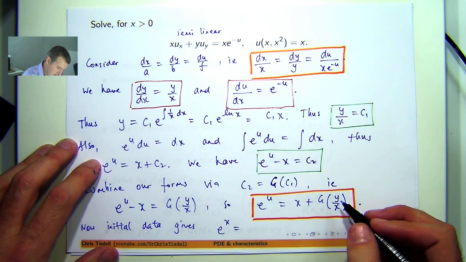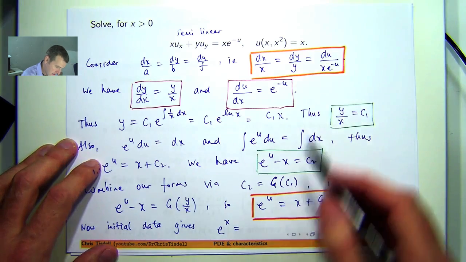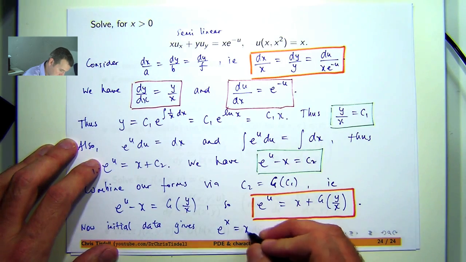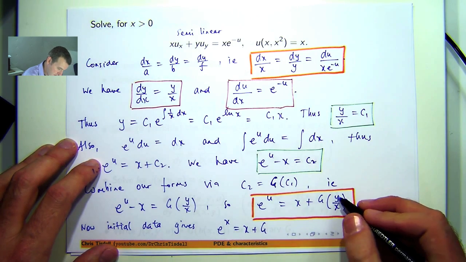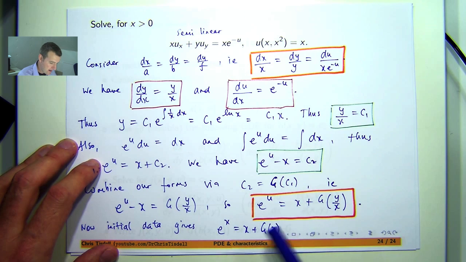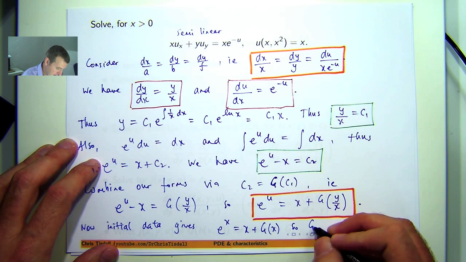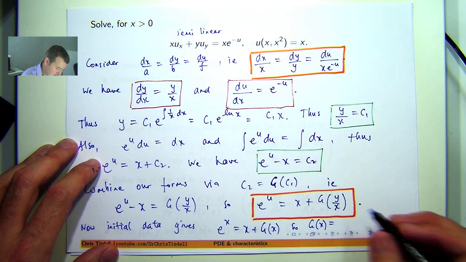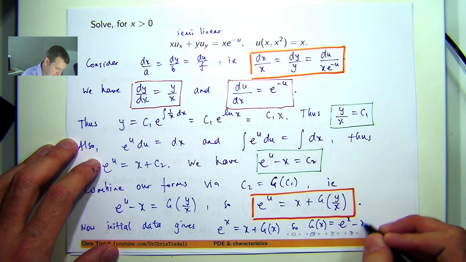If I replace y with x squared in here and u with x, I'll get the following. So it'll be x squared on x, which is just x. If I rearrange this, big G is going to be e to the x minus x.